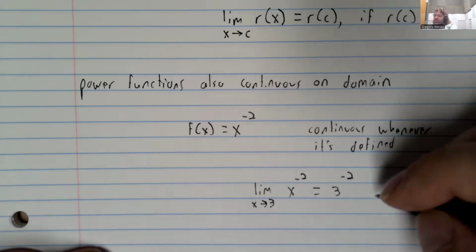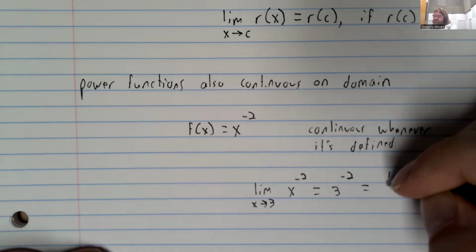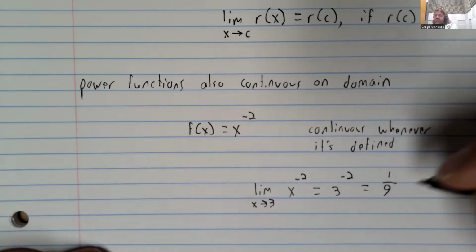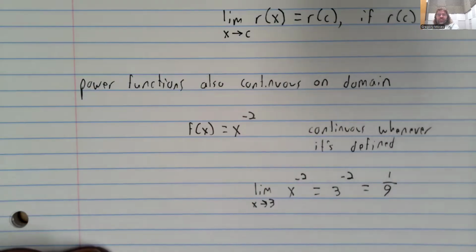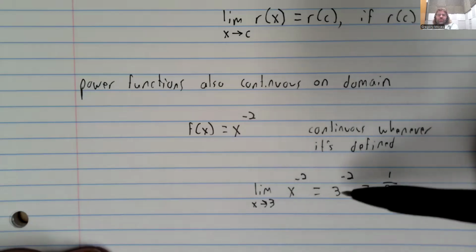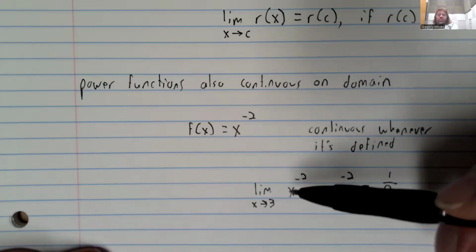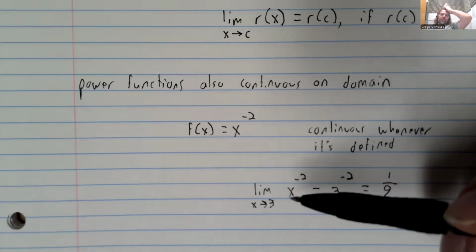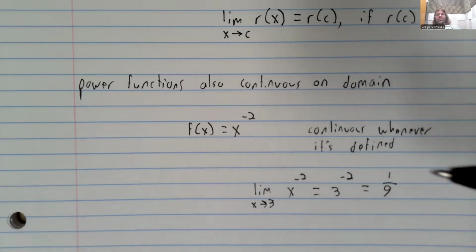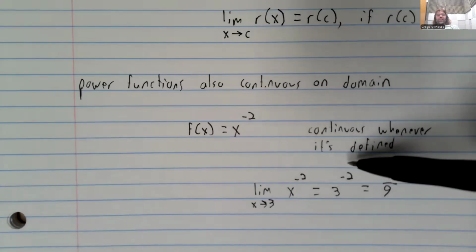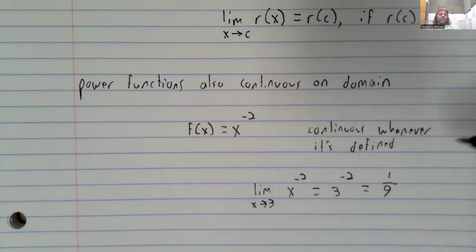That's how continuity works. And since 3 to the negative second is defined, it's 1/9, this limit is true. The limit as x approaches 3 of x to the negative second is 3 to the negative second, which is 1/9.